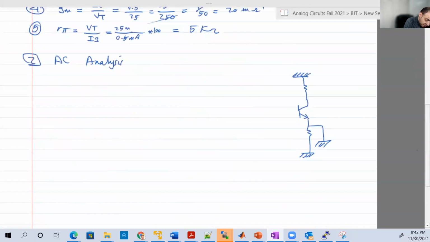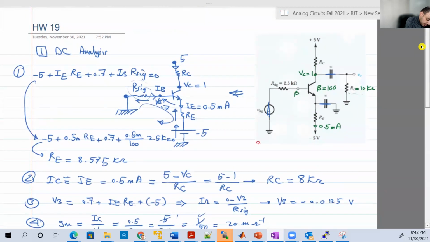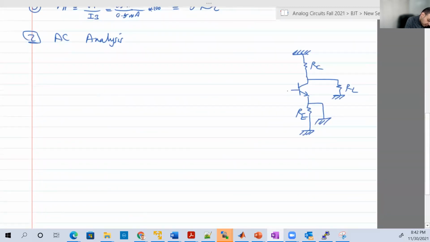So we're going to have RL like this. Here is RC. This is RE. And there is no other DC sources or capacitors. So we have here V signal and R signal.